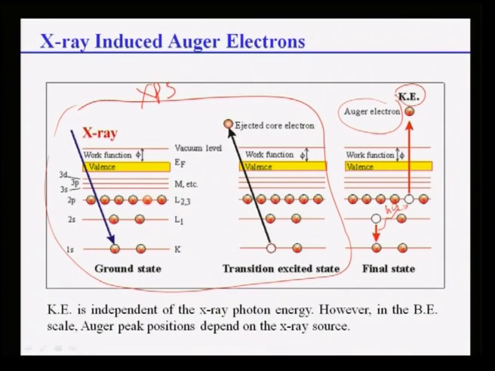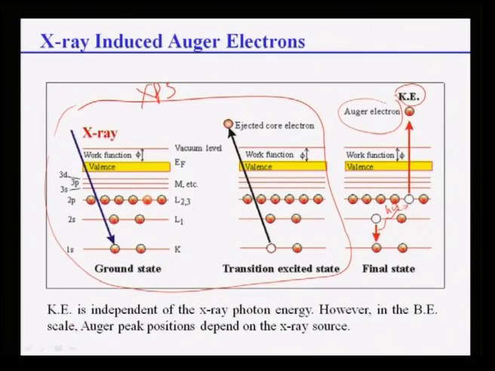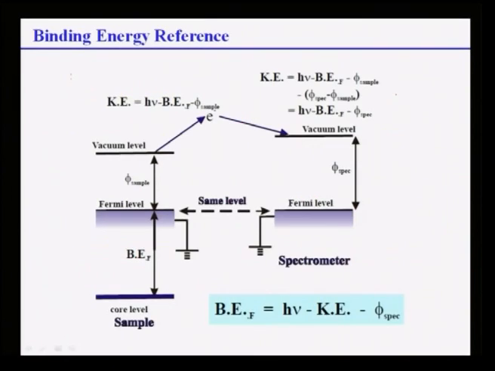That is why Auger spectroscopy is always done from the region near the sample surface. You cannot probe deeper inside the sample, while XPS can be used to probe deeper compared to Auger. That is why XPS and Auger are complementary tools, very widely used. Remember, Auger was discovered by Auger, so this process is named after him. We are going to discuss Auger spectroscopy in detail, so let us not talk about it right now, but for the sake of your understanding I am just telling you what Auger spectroscopy is.